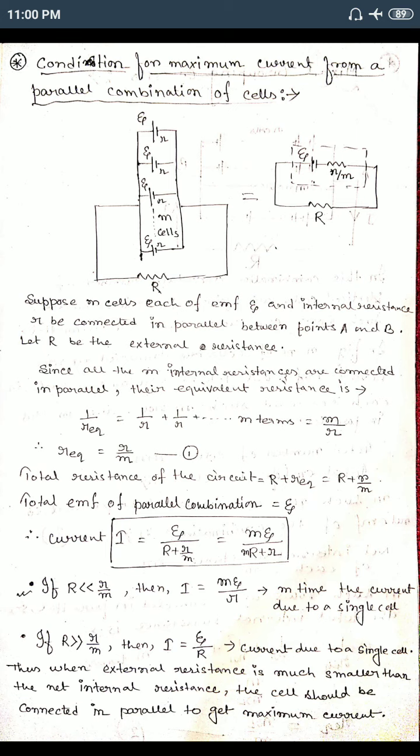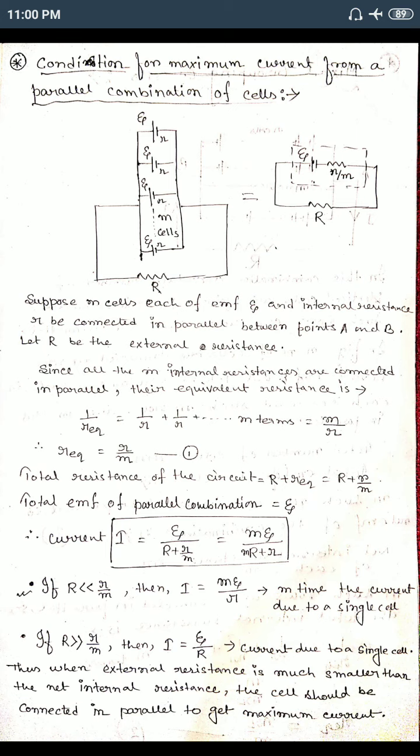Now in the parallel combination, as we discussed when finding the equivalent EMF of cells in parallel, each cell has the same two common points.